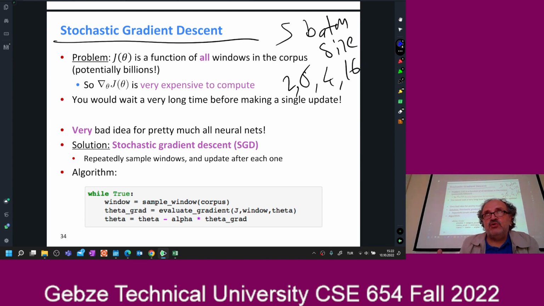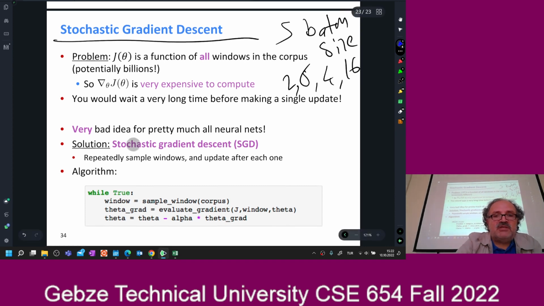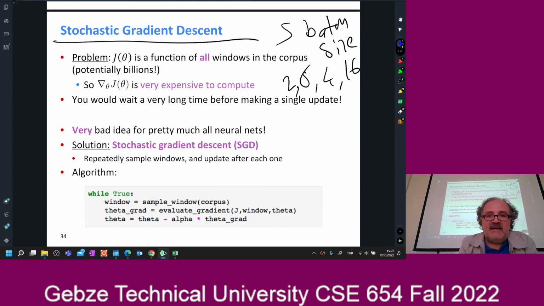And don't use the same order of taking the windows. Change your order stochastically. Take random windows. That's why it is called stochastic gradient descent. And it is the best optimization algorithm that we know works for the general case of optimization for any neural network based deep learning stuff.